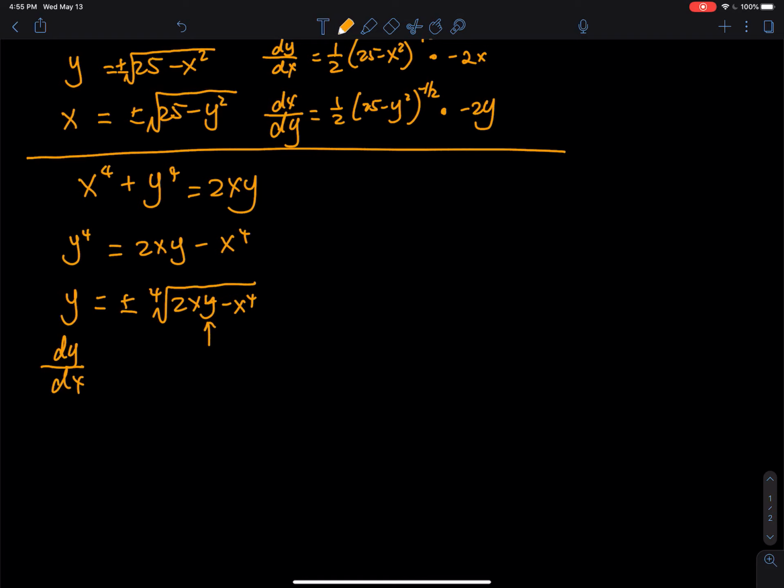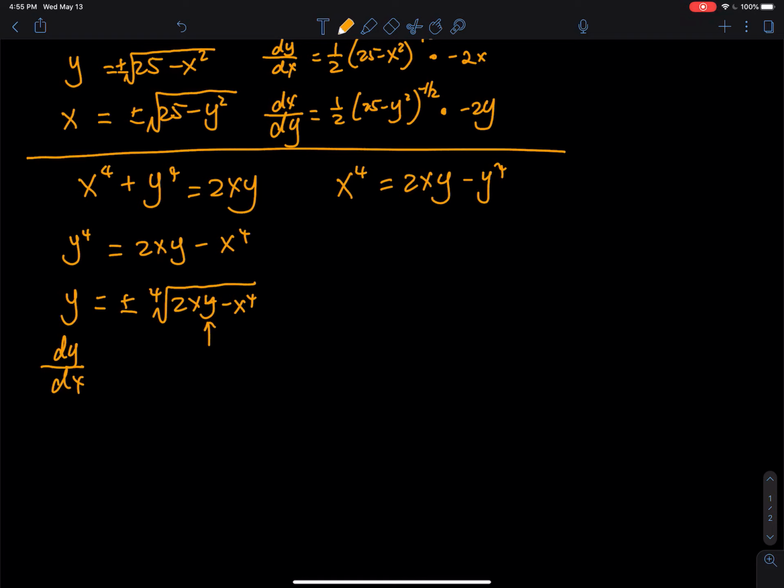And then how about putting x on one side? I can have x to the fourth equals 2xy minus y to the fourth. Can we isolate x on one side?